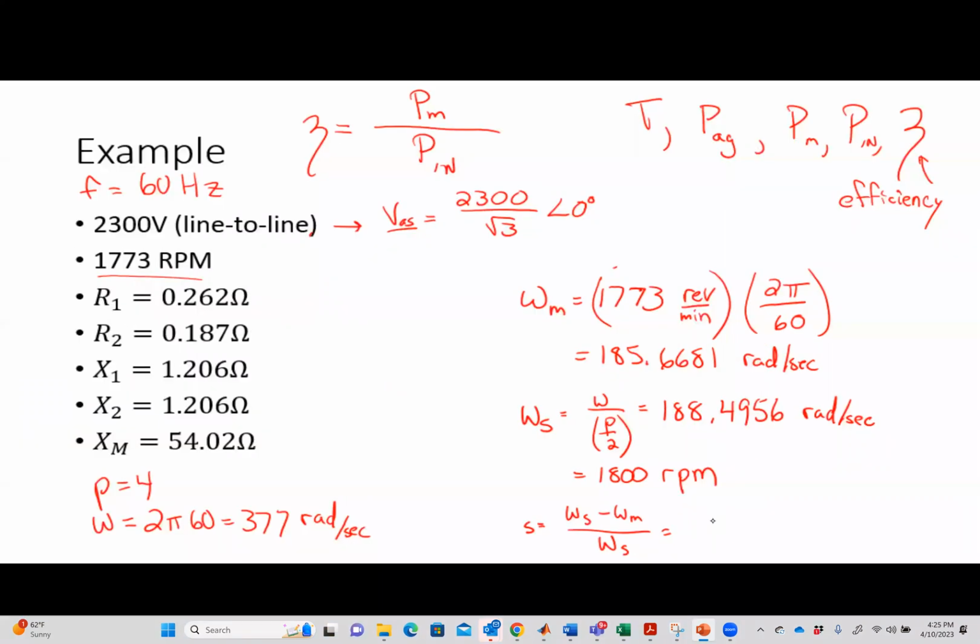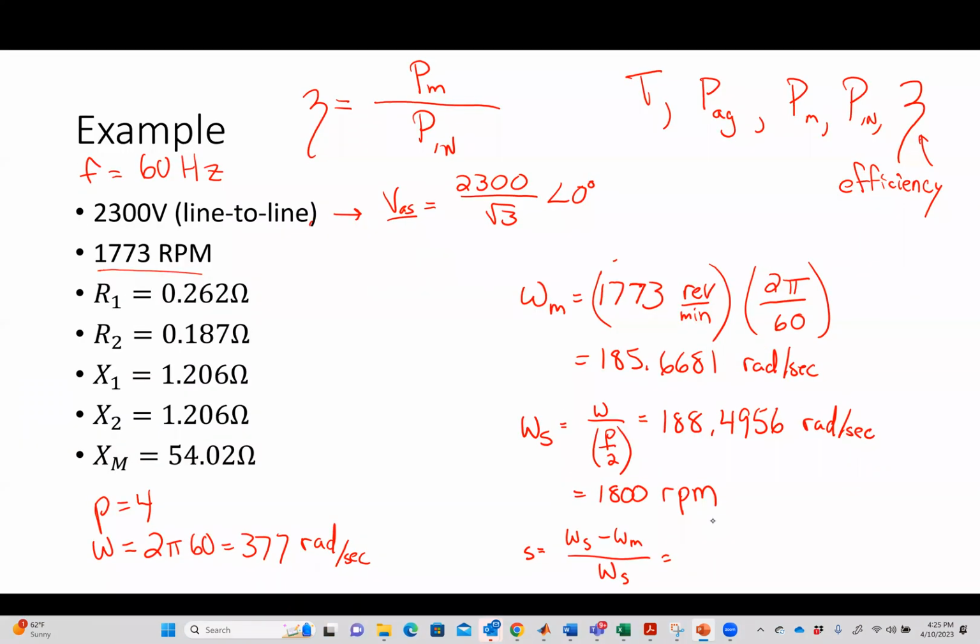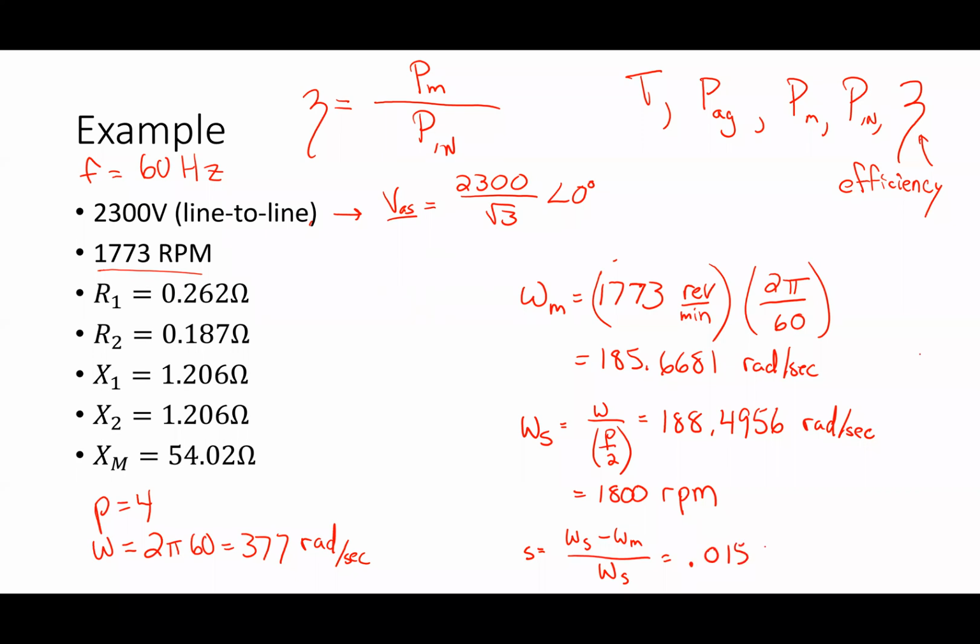Or the other way it's sometimes written is 1.5%. That's 1.5% off from its maximum speed.